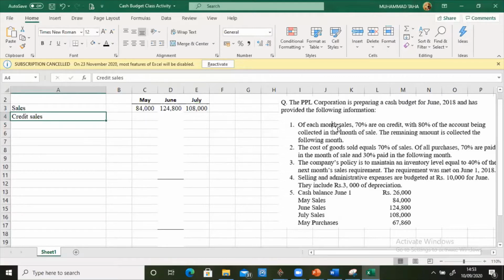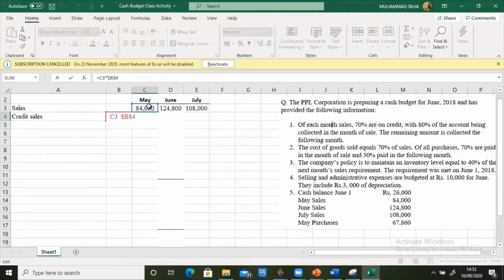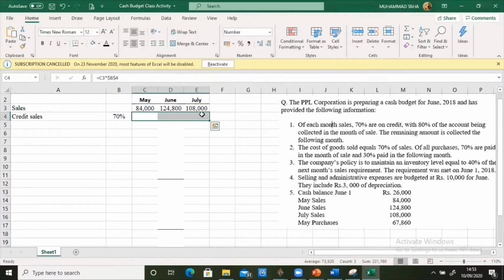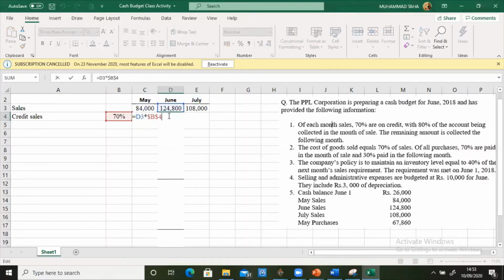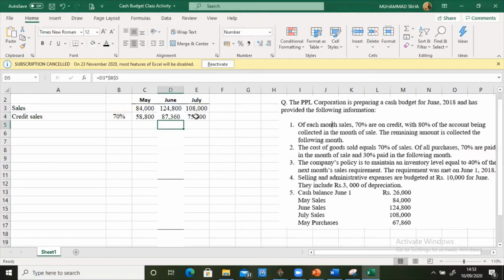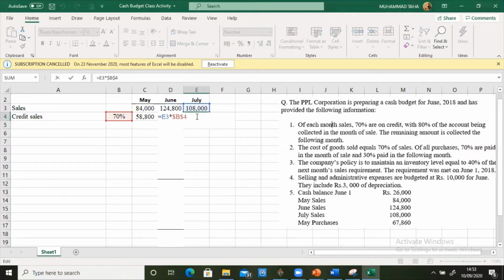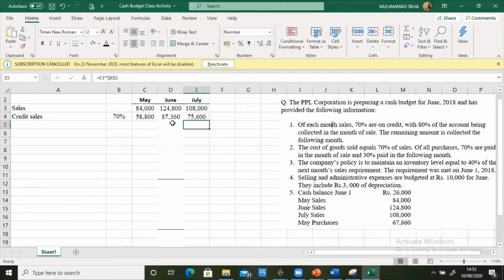Of the month's sales, 70% will be on credit. That means 70% of 84,000 gives you May's credit sales. Similarly, you get June's by 70% of the June amount, and 70% of July's sales is on credit. So these are your credit sales amounts.